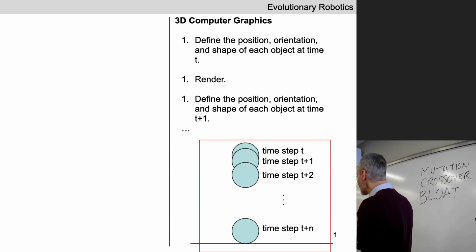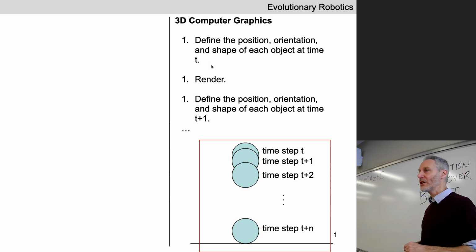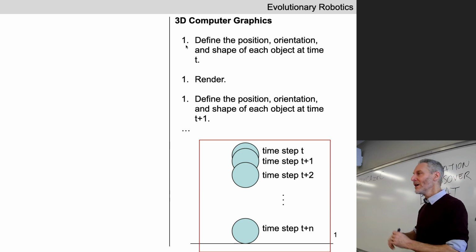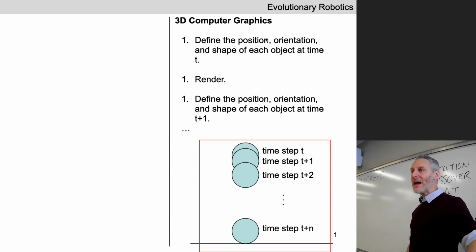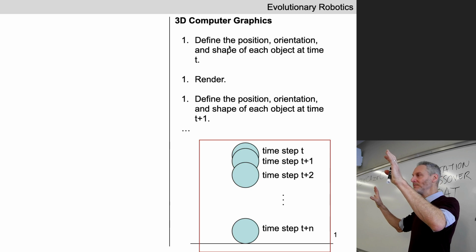Okay. Where did they come from? Well, they came, not surprisingly, from the computer graphics community. In the late 20th century, if you wanted to create pretty pictures in a computer, what did you do? In step one, you dream up your pretty picture and you write down or manually derive or compute on a calculator the position, orientation, and shape of all the objects in your scene.